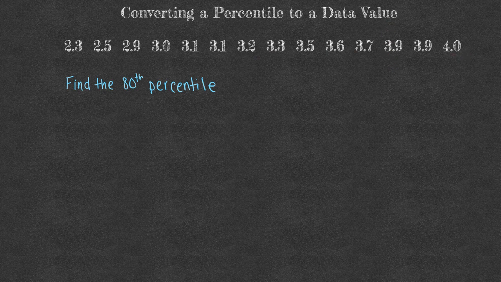But in order to get that exact location, what we need to do is calculate the location on the list where the 80th percentile lives. So the formula that we use for making this calculation is to take k, where k is the desired percentile, and multiply that by n, which is the total number of data values.